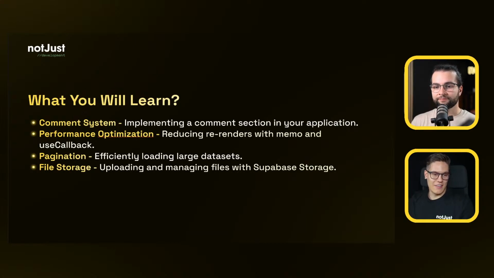Then after that, we'll be integrating it with the backend when we implement pagination. And lastly, hopefully also adding file storage to upload and manage files, which will be images in our case. As always, we're setting a lot of goals for ourselves. Let's hope that we will manage everything, but I'm pretty sure we will.